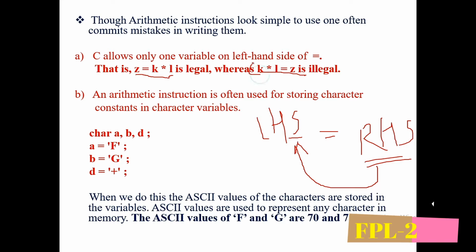So if you write this instruction, that will be a mistake, because this value will get stored in k into l, but here we want just a single name. k into l is an expression, so it is not correct. We should have just a single name, so that will be correct.